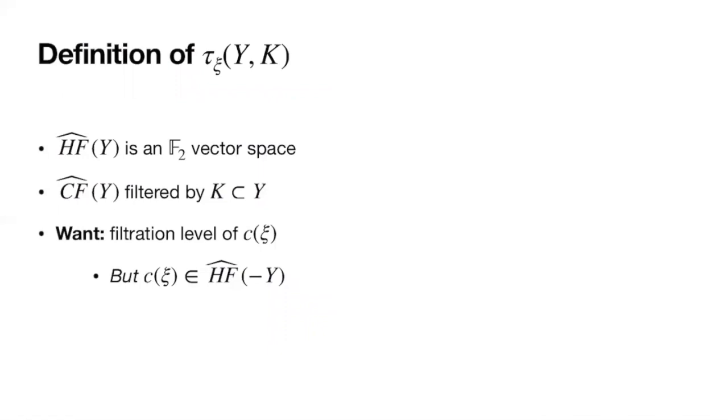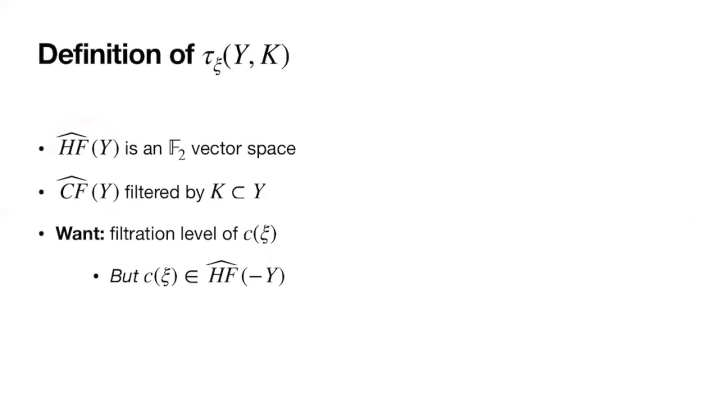So I want to start by just giving you the definition of an invariant called tau sub xi of (Y, K). What is this invariant? Well, first of all, let's just say a little bit about Heegaard Floer theory. So HF hat of a 3-manifold is an F2 vector space, and it's the homology of a chain complex CF hat, which is filtered by, if I have a knot in my 3-manifold, the knot filters the chain complex.